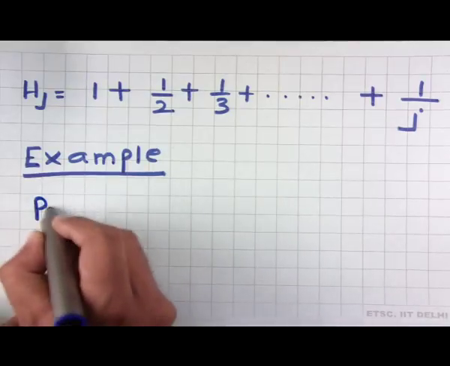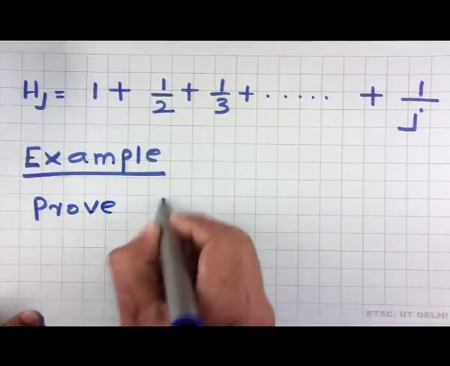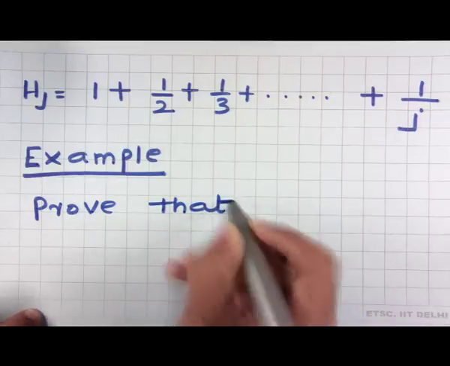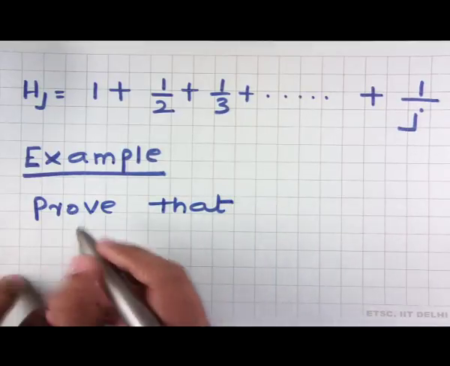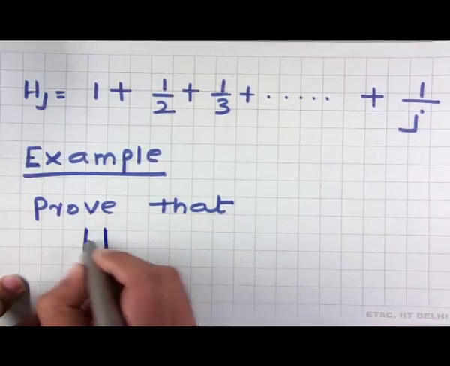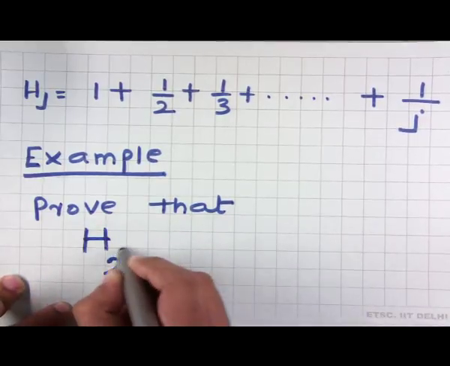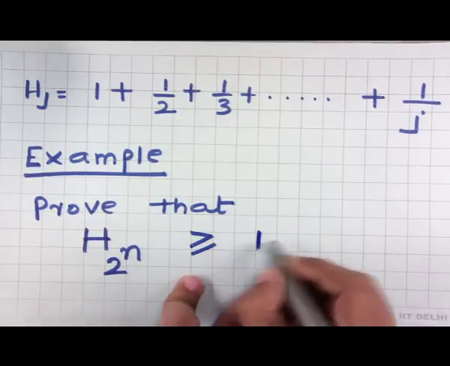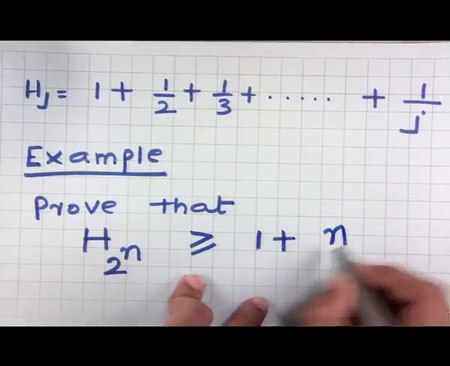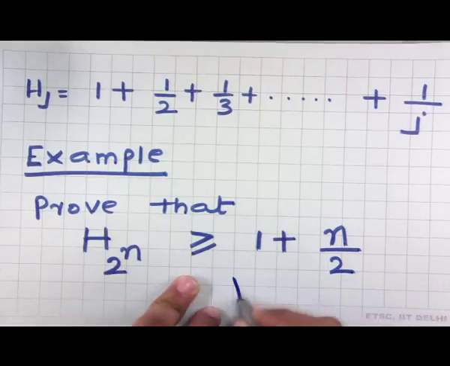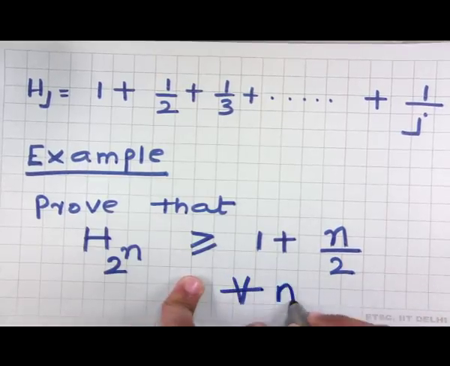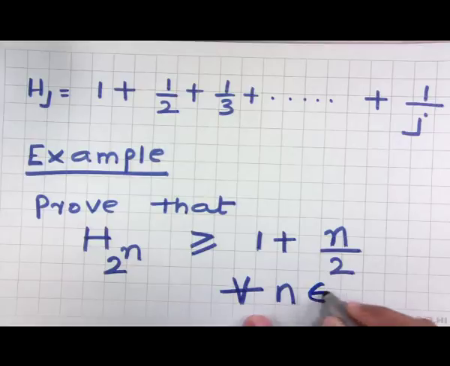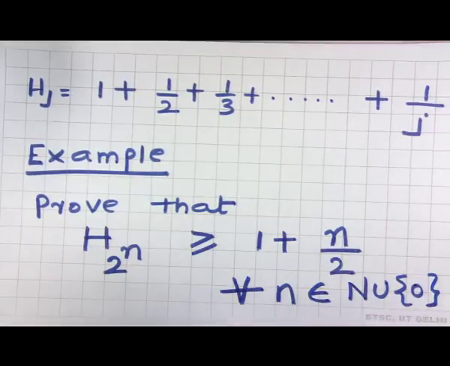Prove that the 2 power nth harmonic number, in notation H 2 power n, is greater than or equal to 1 plus n upon 2 for every n over the set N union 0, meaning for every non-negative integer.